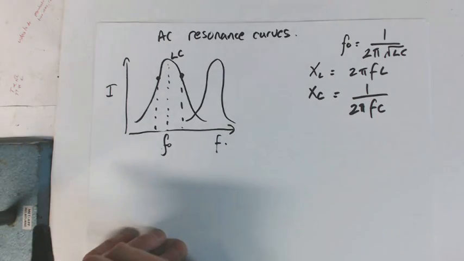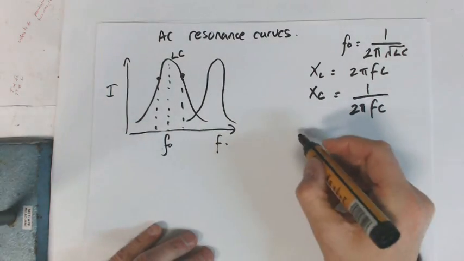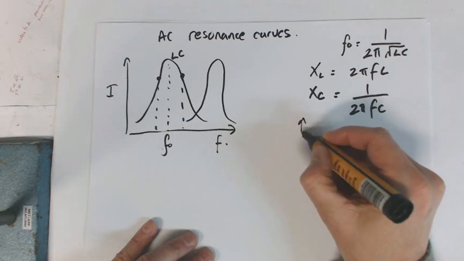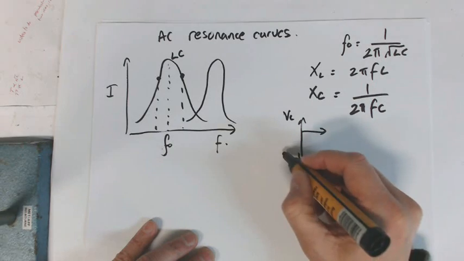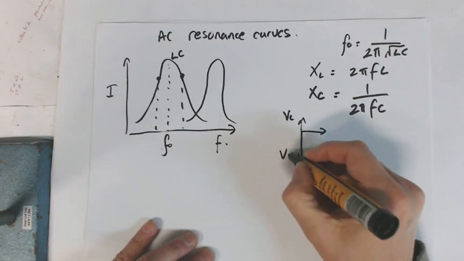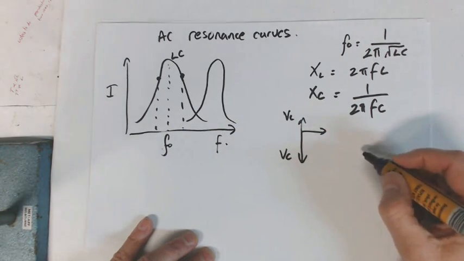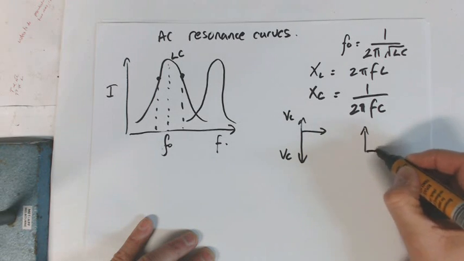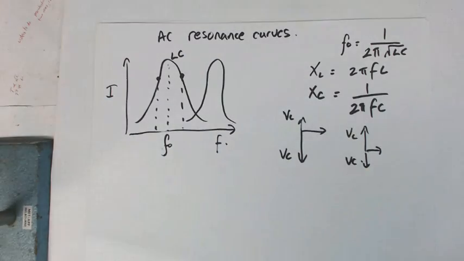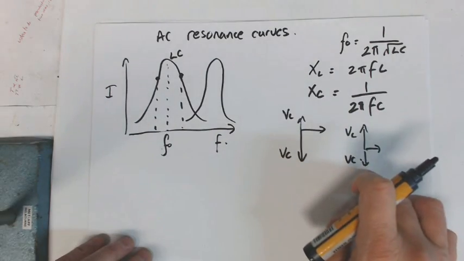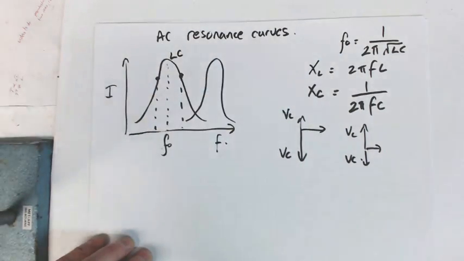That means the circuit's no longer in resonance, which means either the inductor voltage is low and the capacitor voltage is high, or the inductor voltage is high and the capacitor voltage is low.